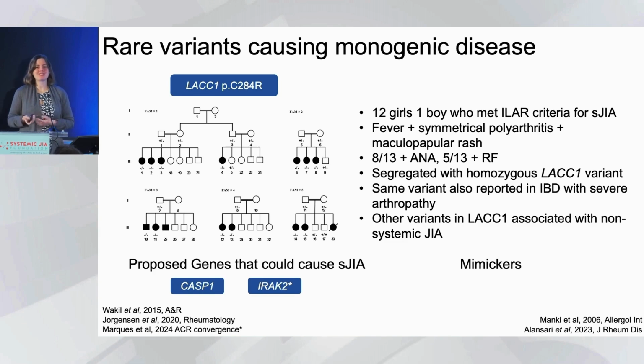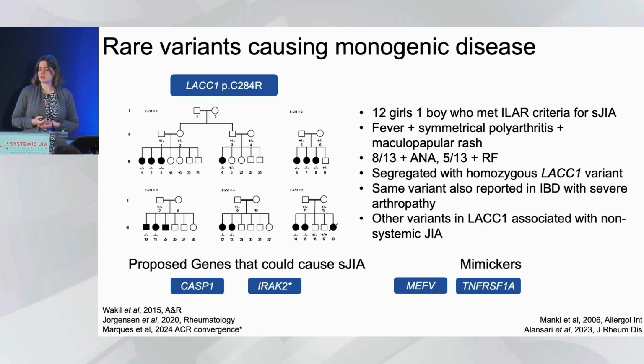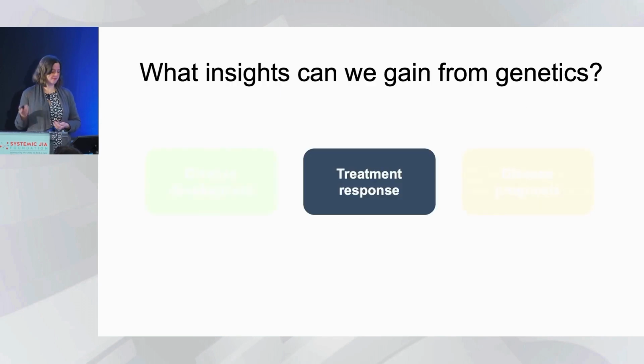And one thing that Dr. Schulert mentioned, and I think a lot of people here have experienced, is if you're having a familial case of SJIA, make sure you're not missing some other monogenic disease that can really look like it. There have been some case reports of MEFV, TRAPS, even HIDS, and others that initially presented and met criteria for SJIA, but ended up being another known monogenic disease.